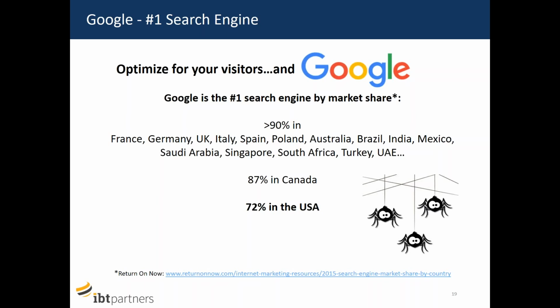Nevertheless, I think you should really focus on optimizing your website for Google. That seems to be the most efficient way of making sure that your websites can get found. Now, Google says the key is: don't optimize your websites for the search engines, optimize them for visitors.